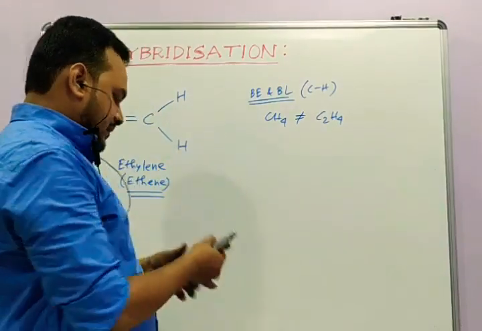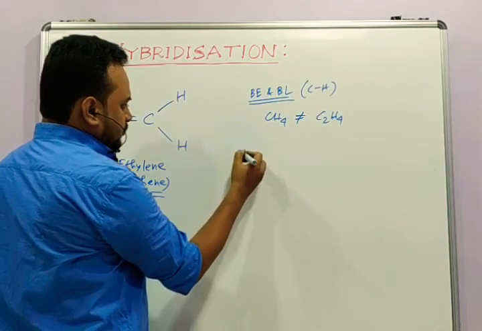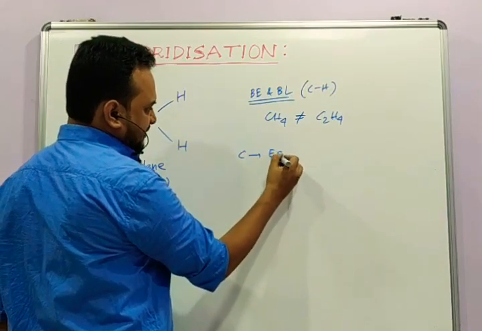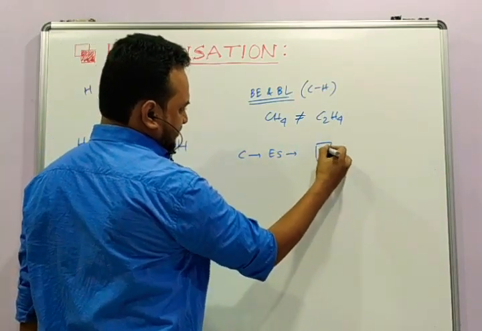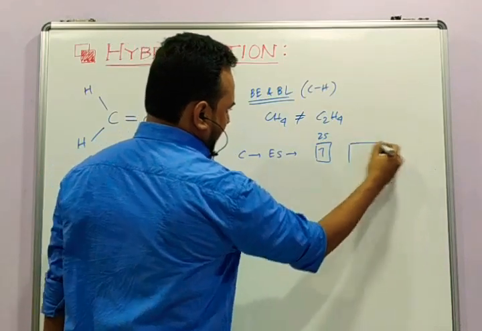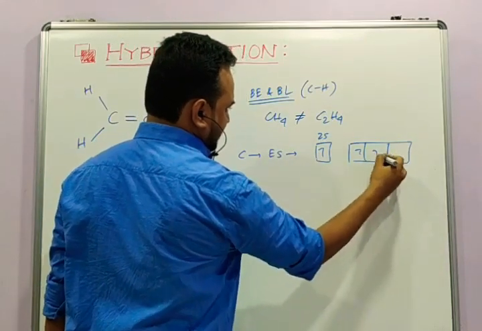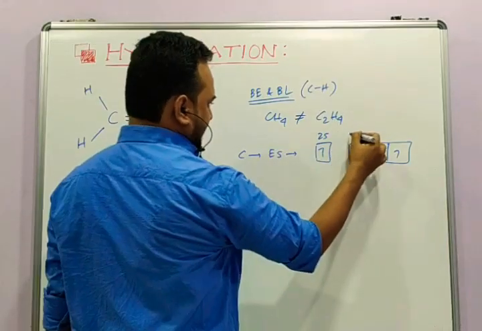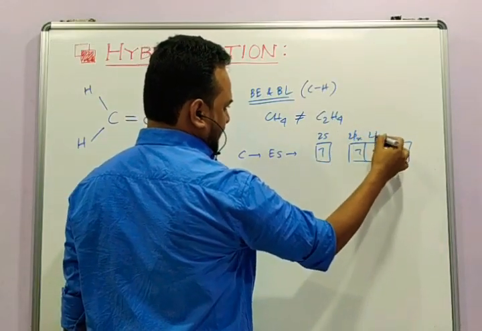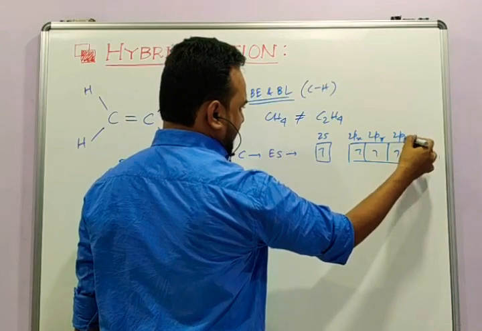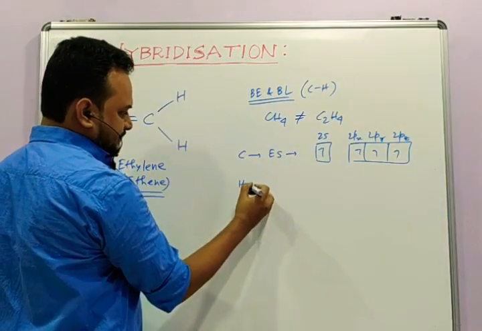So now I am showing you that hybridization. For carbon in the excited state, we know it has 2s, and in 2p we have 3 electrons. Now what happens when it undergoes hybridization for ethylene?